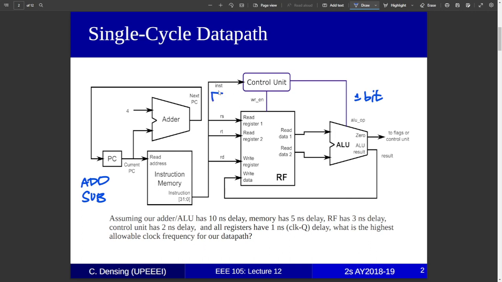Now we also have the instruction feeding into the control unit, which wasn't present in the last schematic that we saw. But anyway, let's continue. An important part of what we want to see for this data path is how good is it? How good a processor is, as you might expect, is measured by how fast it can execute a specific number of instructions.